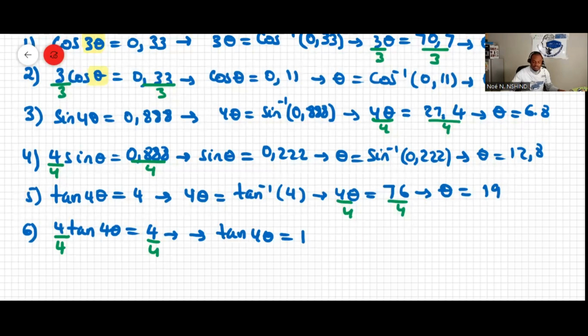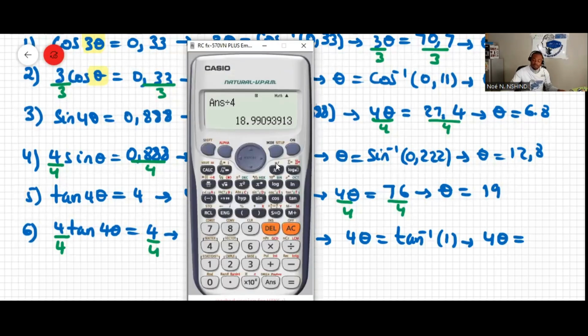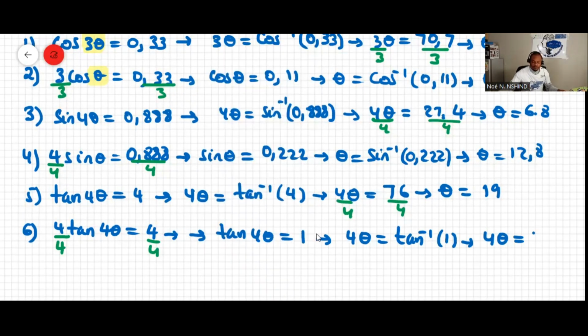Then 4 theta equals tan minus 1 of 1. You can use a calculator: you press shift, then tan, then 1, close bracket, and hit equal. That makes 45, so it's 45 degrees.